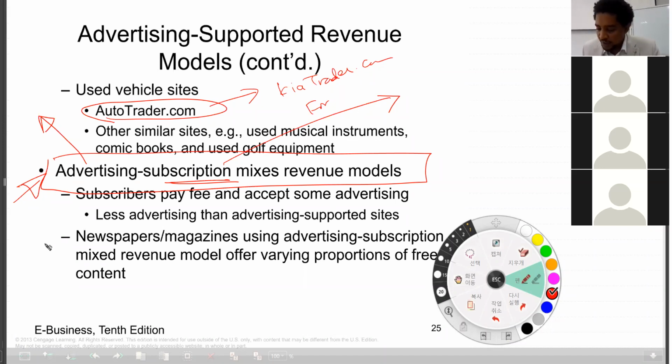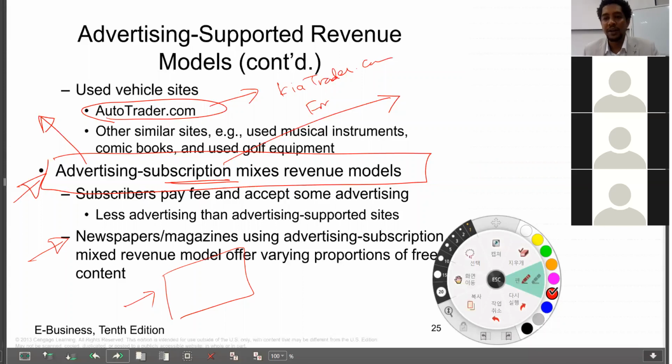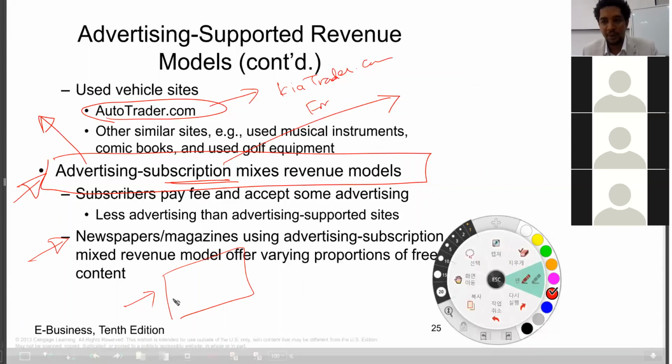And this example could be for newspapers. Okay. So if you go to the New York Times, the online version, you have to subscribe to read the content of the newspaper, right? But at the same time, since it is online, on the right or left edge of the website, you'll find advertisements.